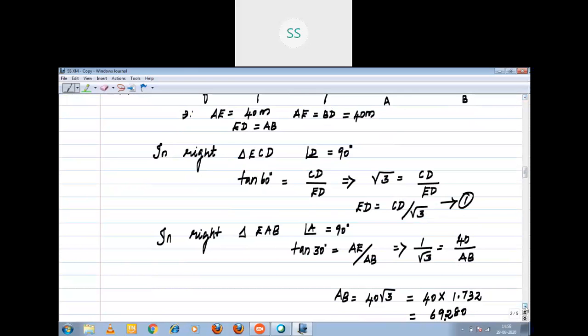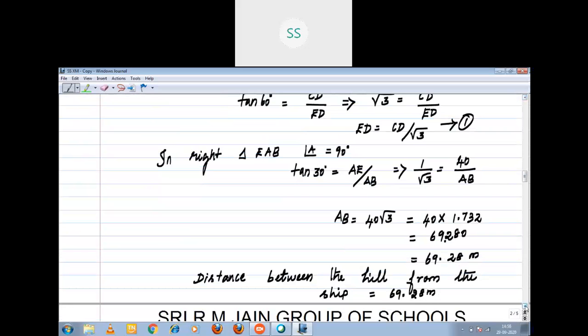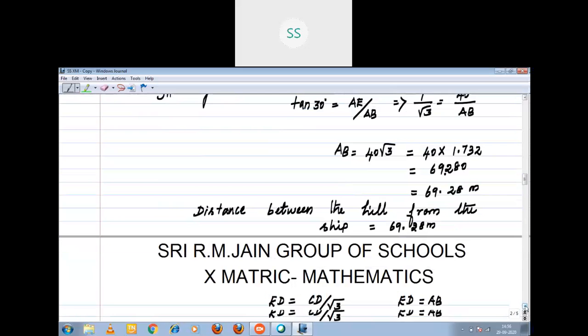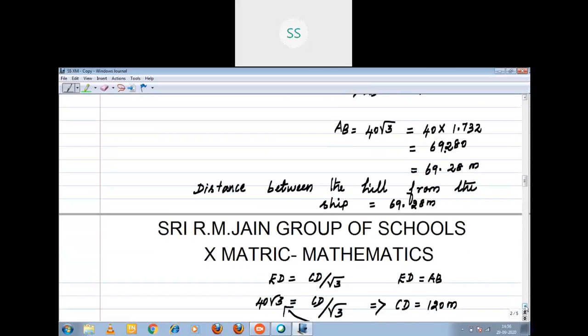Then ED equal to CD by root 3. Next triangle EAB, angle A equal to 90 degree. Tan 30 degree equal to AE divided by AB. AB equal to 40 root 3. Distance between the ship and the hill, 40 into 1.732, 69.28 meter.